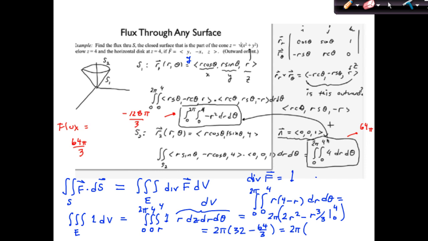So this is 3. 96 minus 64 is 32 over 3. So I guessed correctly that this turns out to be negative 128 pi over 3 from previous semester.